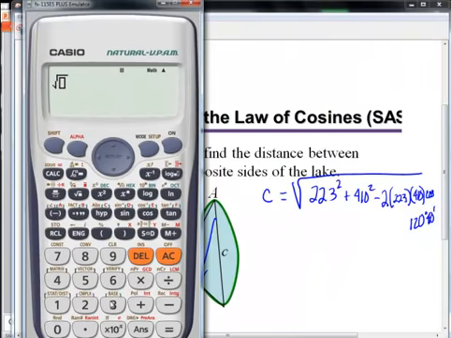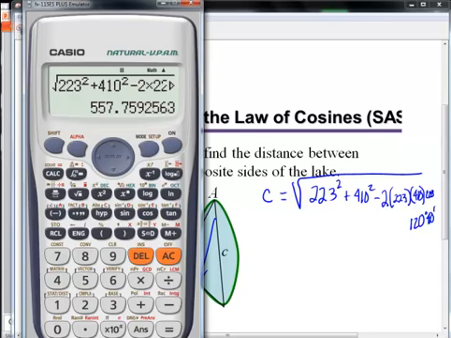Square root key. 223 squared plus 410 squared minus 2 times 223 times 410 times cosine 120 degrees 40 minutes is 557.75, which we would round to 558.